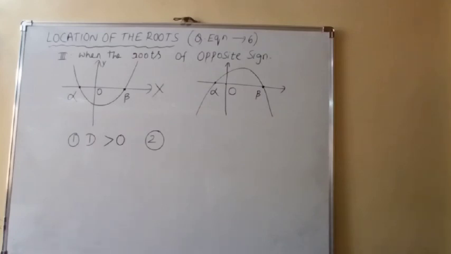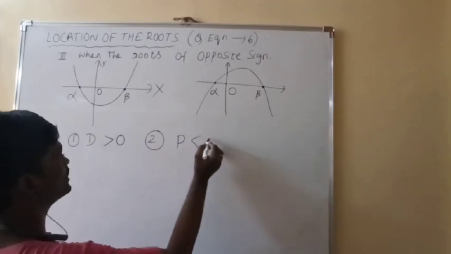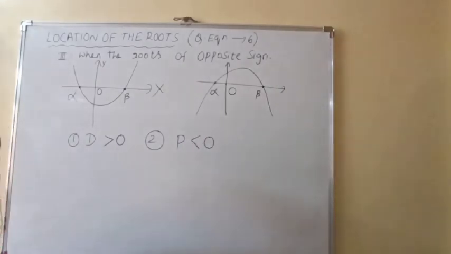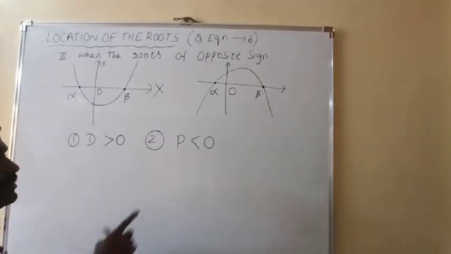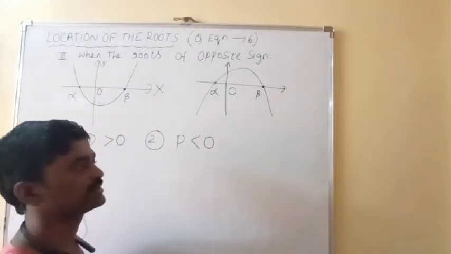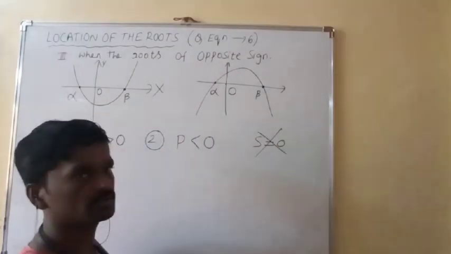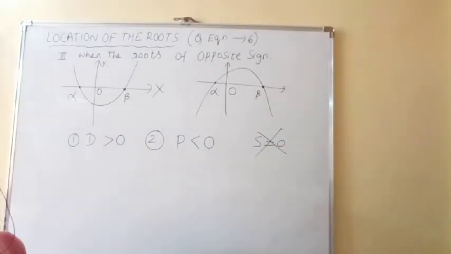As they are of opposite sign, the product of the roots must be less than 0, because one is positive and the other is negative. Positive into negative is negative only. So the product of the roots is negative. And for the sum of the roots, we can't say it is equal to 0.